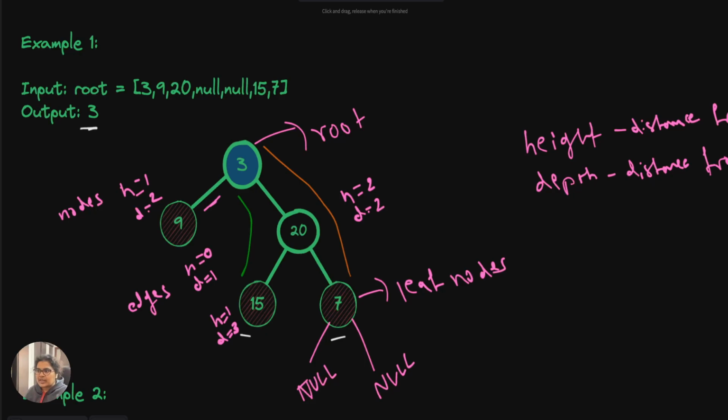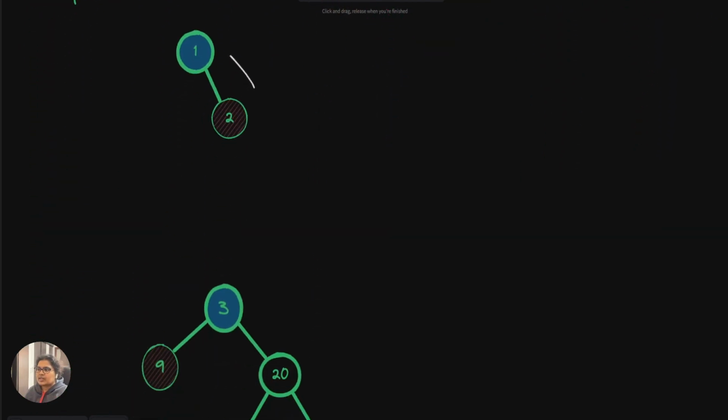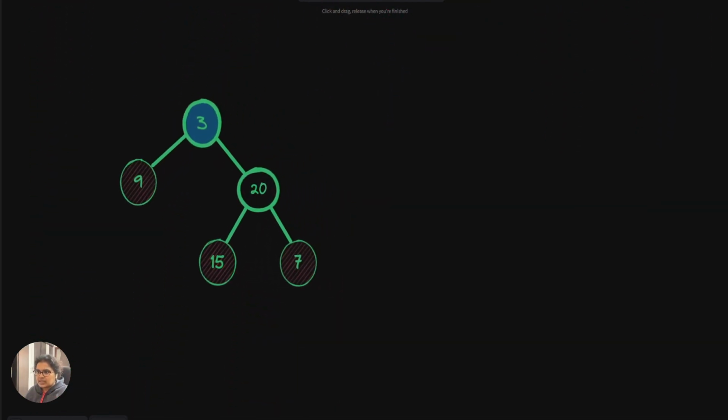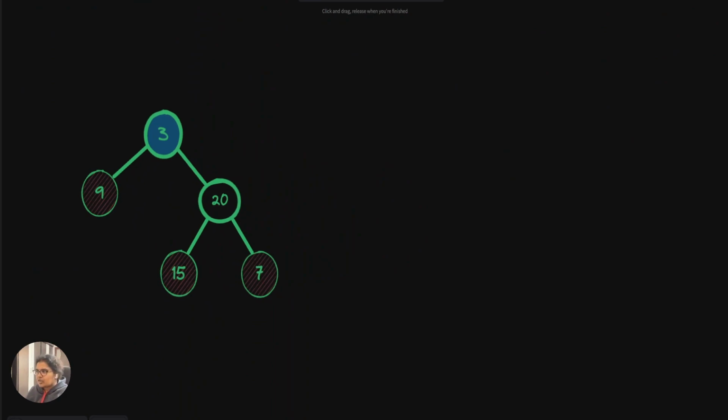Okay, now that we know height and depth, let's look at how we can solve this problem. Let's say this is our example tree. Now the height of a node can be defined as the max of the height of its left node and the height of its right node, plus 1.